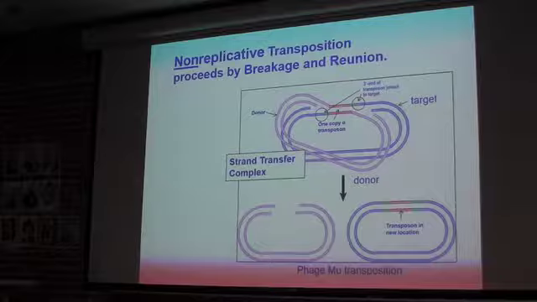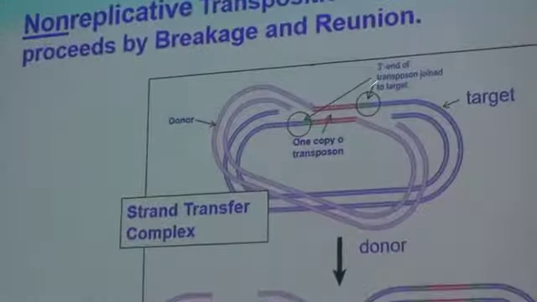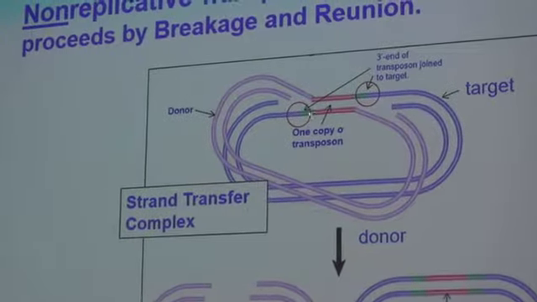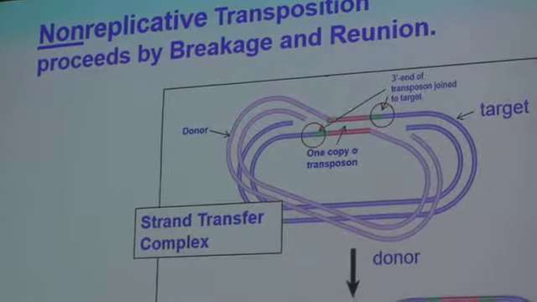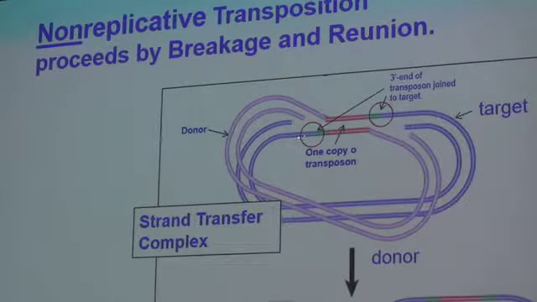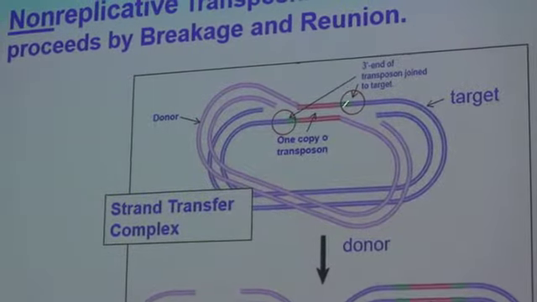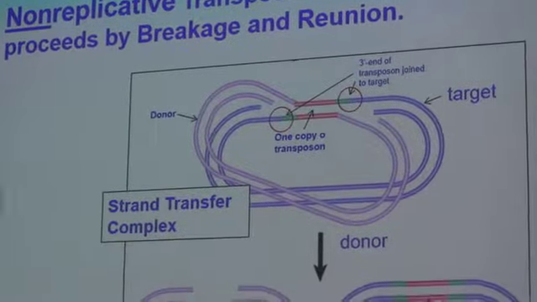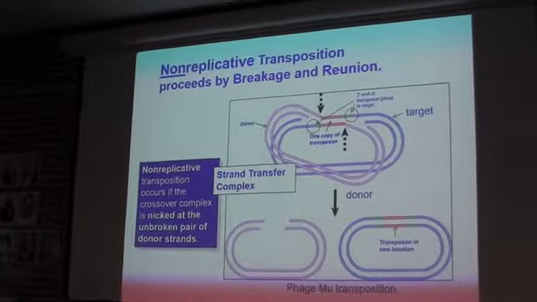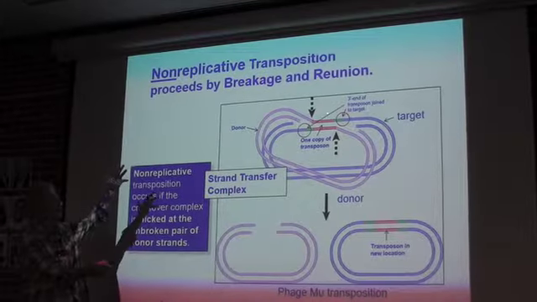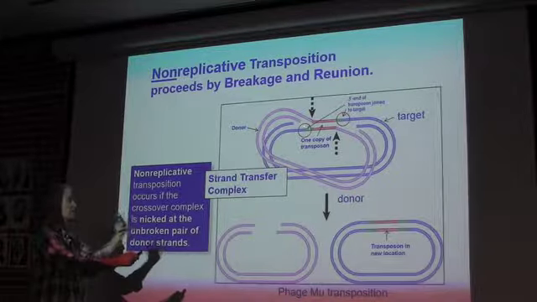And this is the one, breakage and reunion. So you see the attack here, the end of the transposon actually attacks and joins at the cut site of the target there, and you see it's joined there also. And then you get a second cut, which we'll see in a minute. The cuts occur. So the first cut is what the transposon does as it attacks, cuts, and ligates.